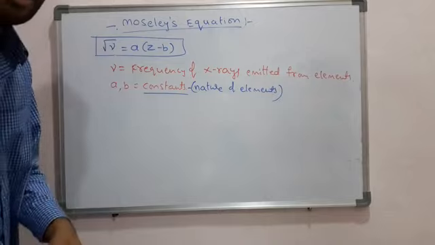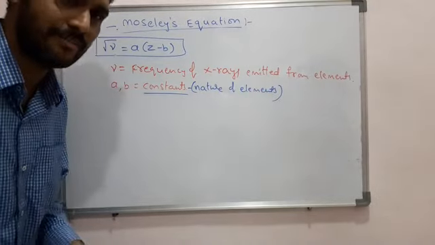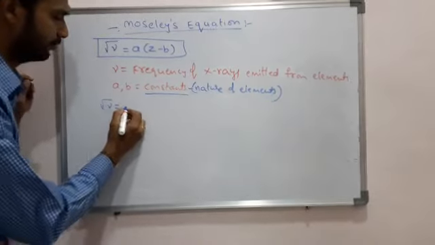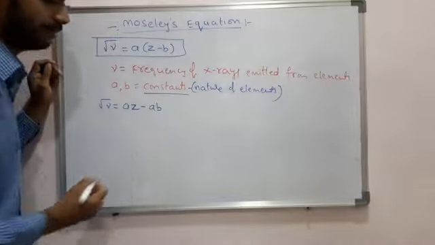Now see the graph for this equation. Here root nu equals aZ minus ab.